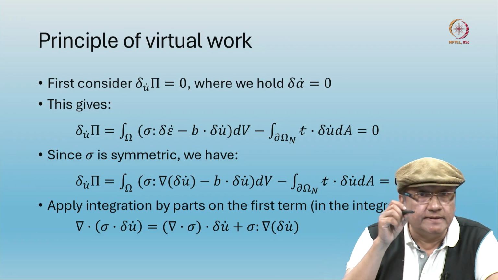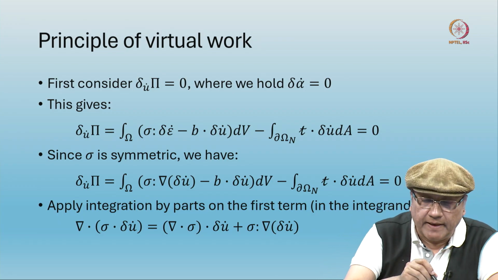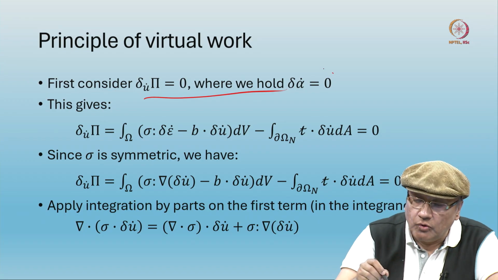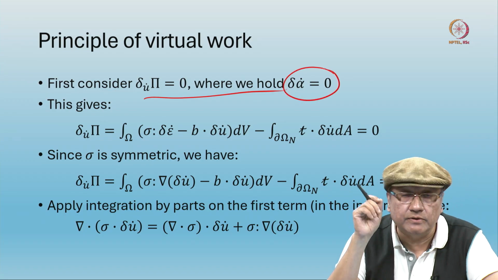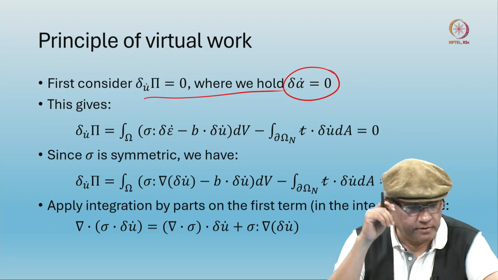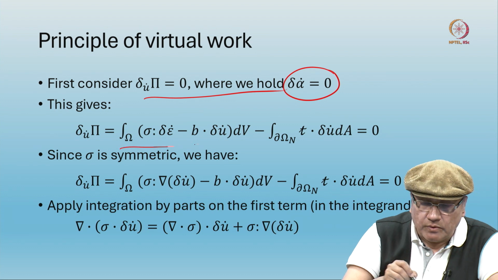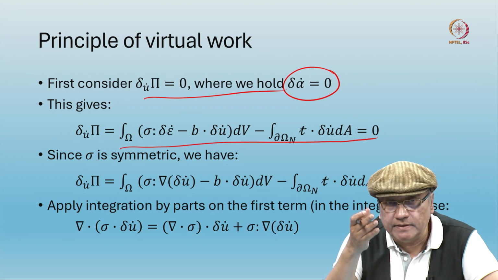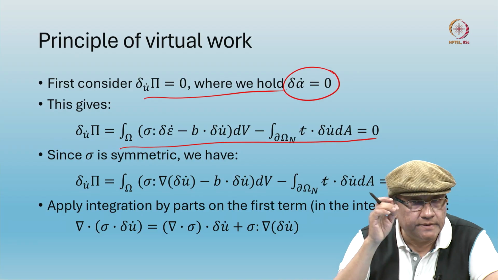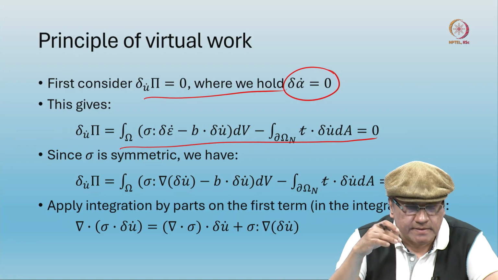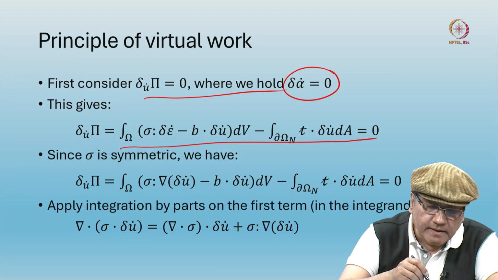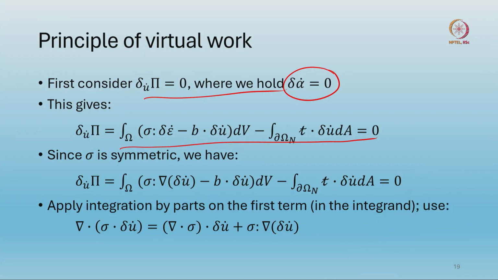Alright, so first consider delta u dot of pi equal to 0, where we hold delta alpha dot equal to 0, okay, only vary u dot by virtual means. So this gives this obvious thing, this is a pretty simple thing to see. I am not explaining this, you should obviously see that we hold everything fixed except delta u dot, correspondingly delta epsilon dot changes, and here is delta u dot.